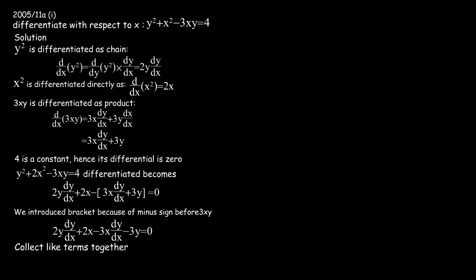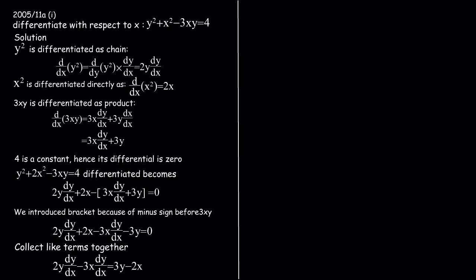Doing so, our equation becomes 2y dy over ds minus 3s dy over ds equals 3y minus 2s.